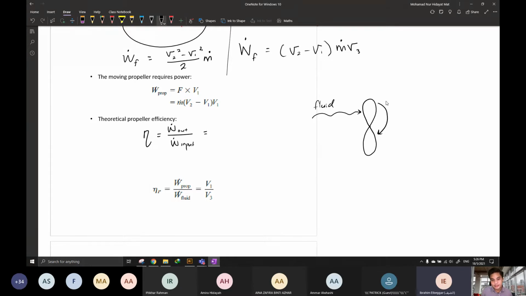That is why this is the work of the propeller, and this is the work of the fluid. So this is the input, and this is the output, the effect. From here, work output is the work from the propeller that causes the moving, divided by the work input, which is the energy extracted from the fluid.